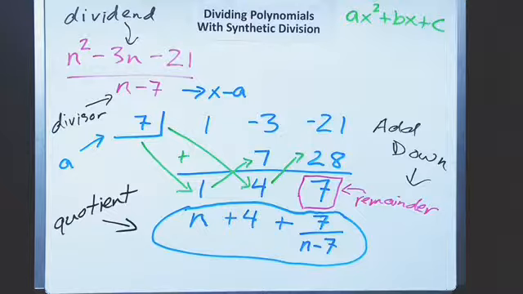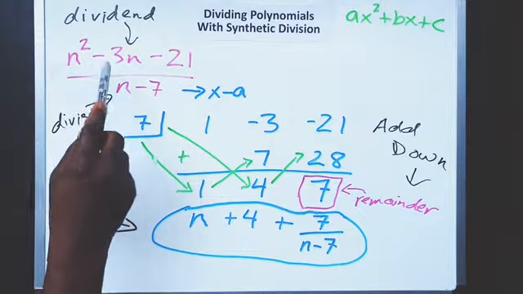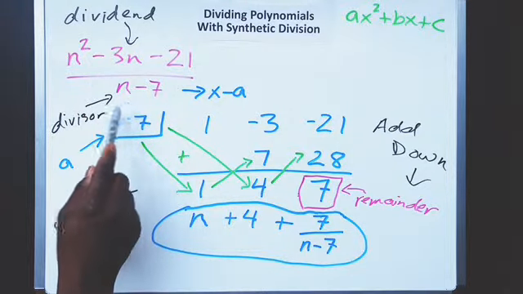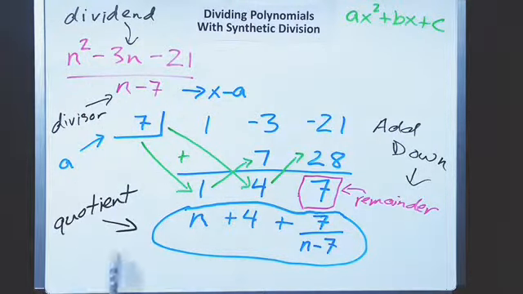So, what does this mean? The numerator, which is the dividend, divided by the denominator, which is the divisor, gives us the final answer, which is the quotient, n plus 4 plus 7 over n minus 7. And this concludes our problem of dividing polynomials using synthetic division.